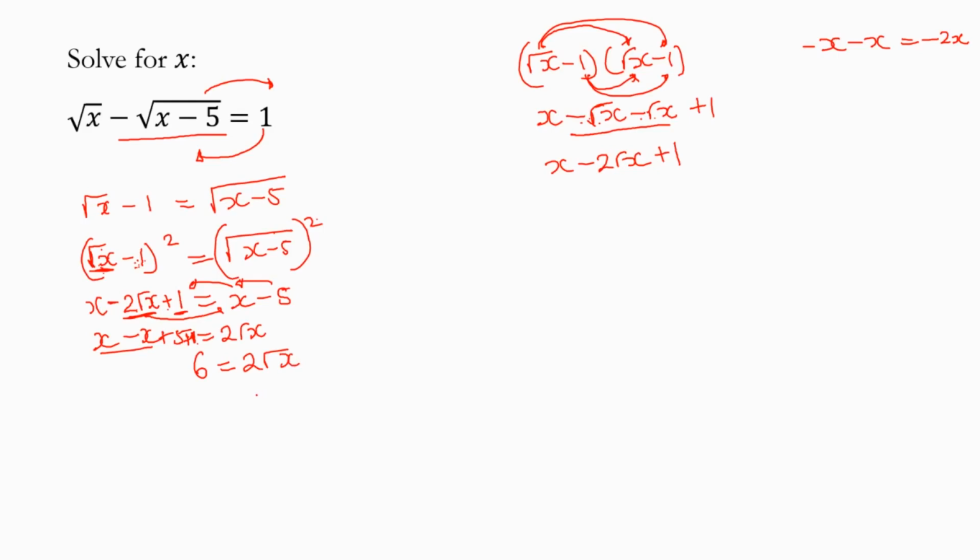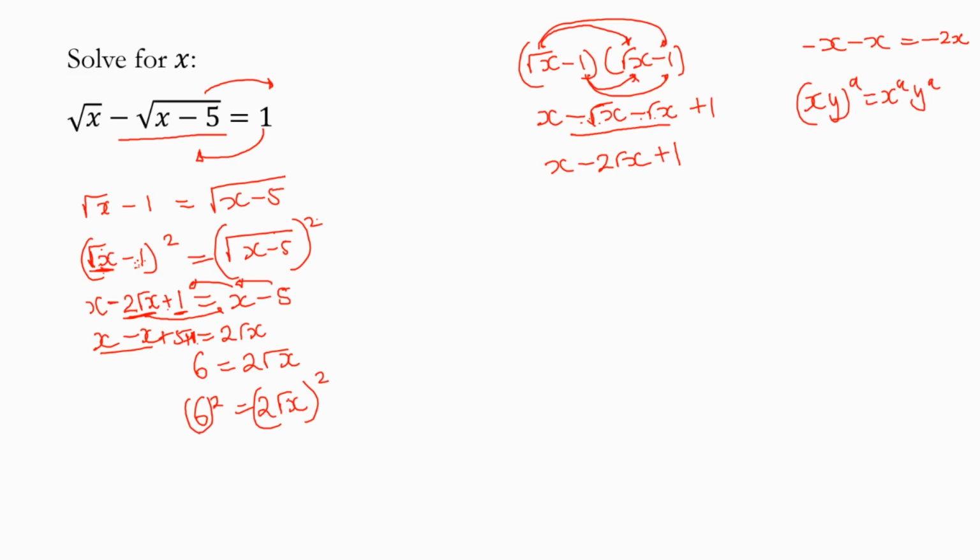What do you think we have to do from here? Again, we have to square both sides. So it's 6 squared is equal to 2 root x squared. Remember that x times y to the power a is equal to x to the power a times y to the power a, isn't it?